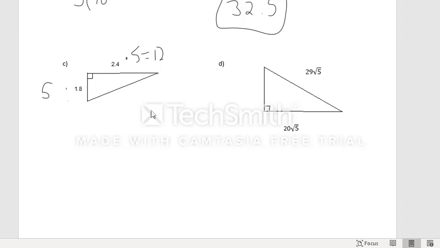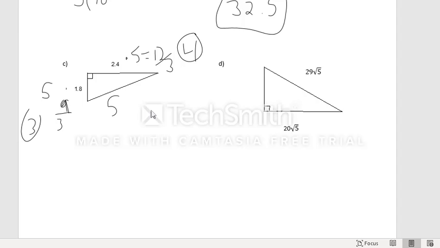Multiply this one by 5, it gives us 9. If we look on our PPT list, there's not one that has 9 and 12, but if we recognize that they both have a common factor of 3, we can divide both of these by 3, and that'll give us 3, 4. So that makes this one have to be 5.